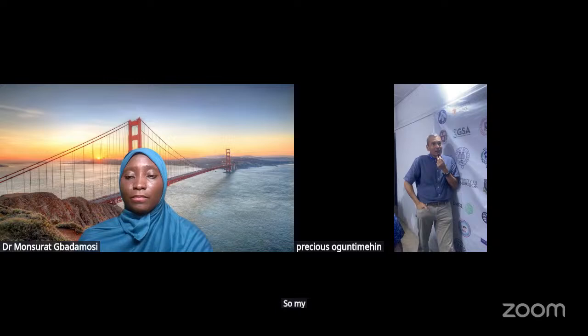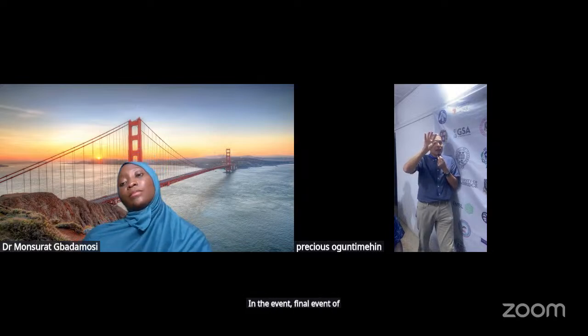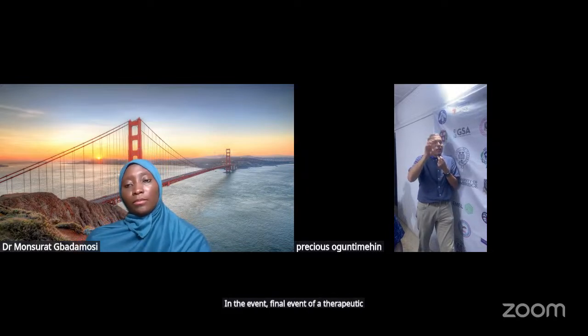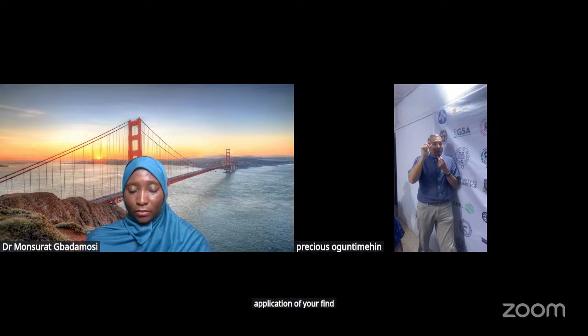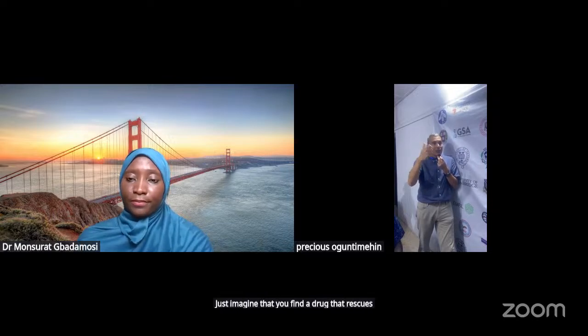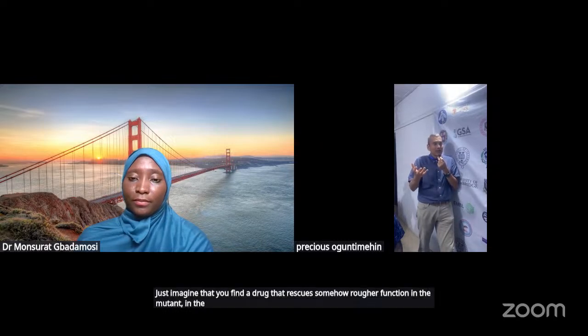So my question is, in the final event of a therapeutic application of your findings, just imagine that you find a drug that rescues somehow RAB4 function in the TDP mutant.